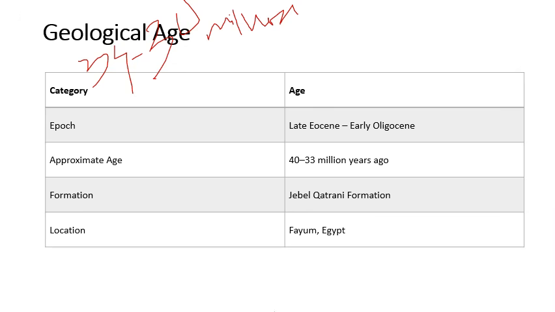At this time, Earth was undergoing rather major climatic changes. Temperatures were gradually cooling and forests remained widespread in many regions, providing habitats for arboreal primates. These environmental conditions allowed early anthropoids such as Parapithecus to flourish.